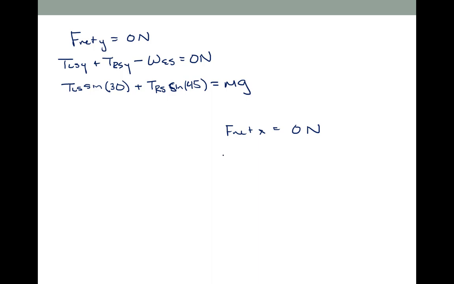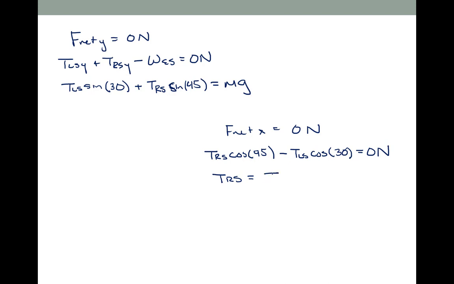Horizontally, I have two forces, the two x components of the tensions. They act in opposite directions from each other. So I'm going to let the right-hand one be in the positive direction, the left-hand one be in the negative direction. Set that all equal to 0. And now I can solve for the tension in the right-hand web piece in terms of the left.